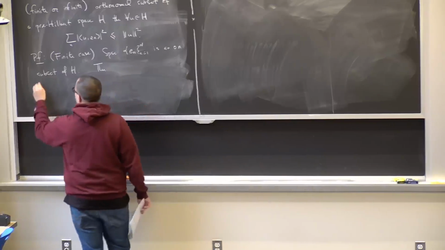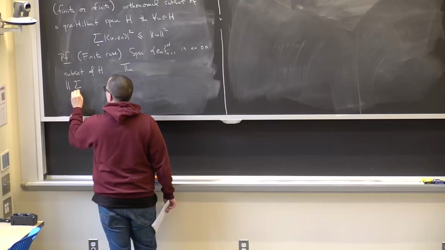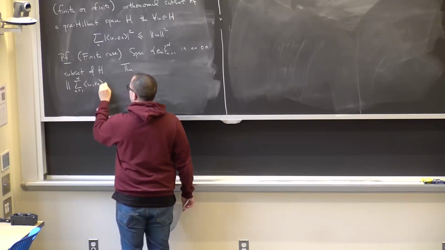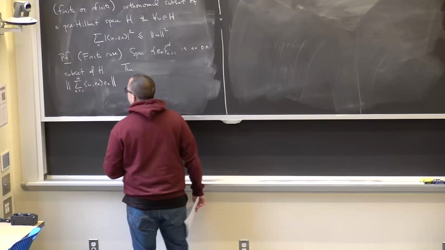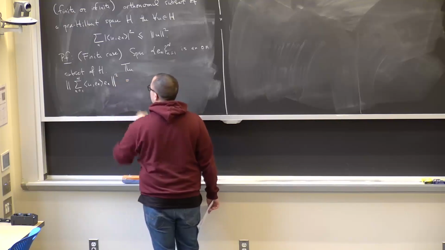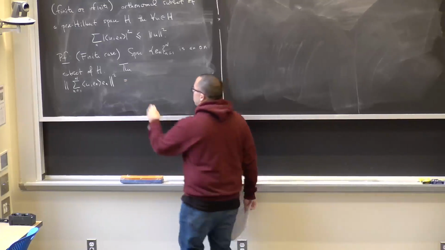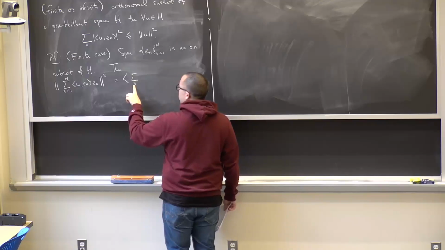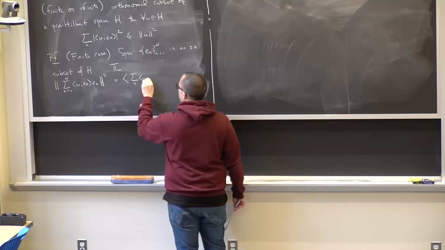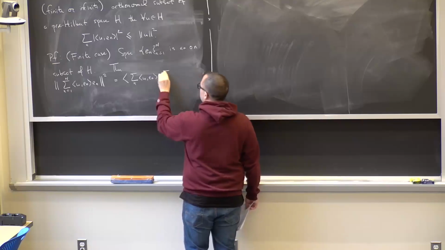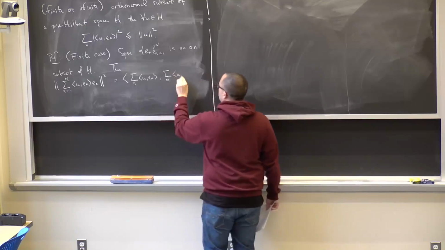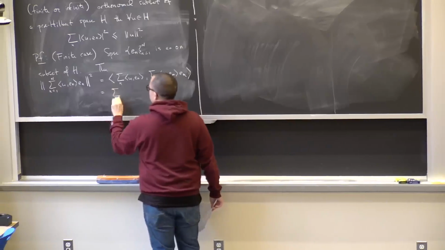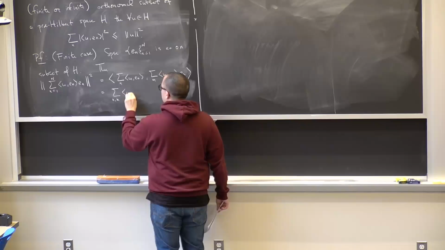Then let me just record a few identities which are pretty easy to verify. Sum from n equals 1 to N of ⟨u, e_n⟩ e_n. If I take the norm of this thing squared, let's compute this out. This is the inner product of the sum with itself, with the understanding that n is going from 1 to capital N. Let's use a different index here, m.